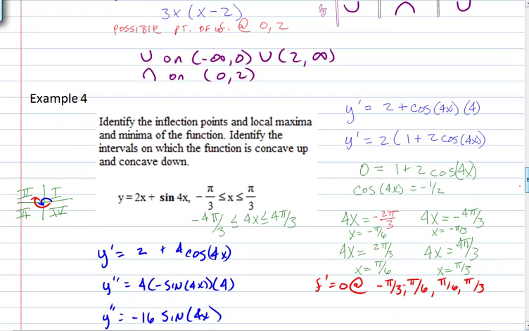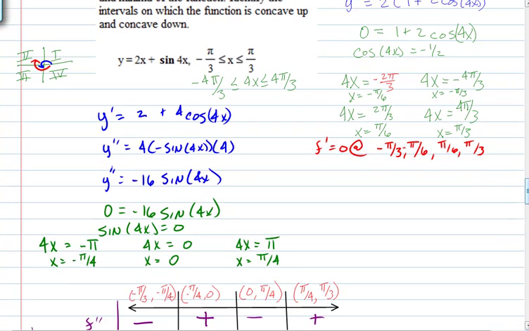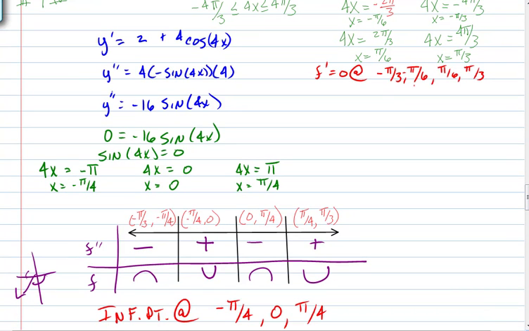We found that. Local max and min. Okay, in between, we've got to look at pi over 6. Pi over 6 is what I was testing here. That's where the second derivative is positive, concave up. So that means that pi over 6 is a minimum value by the second derivative test. This is a maximum value by the second derivative test.